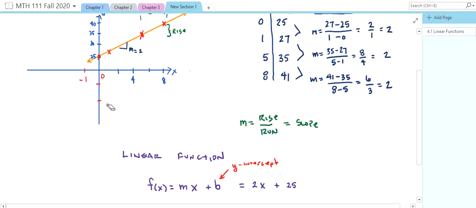I guess the scale's different though. This is probably closer to -2, as this is 2, and this is closer to -30 here. But anytime we cross the y-axis, x is 0. So x is always 0. That's how we find the y-intercepts.